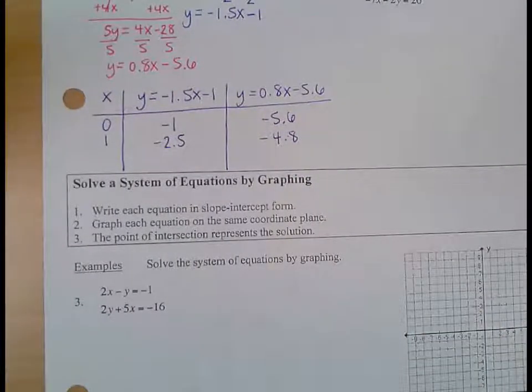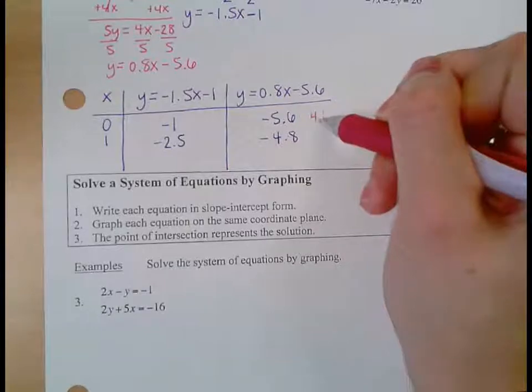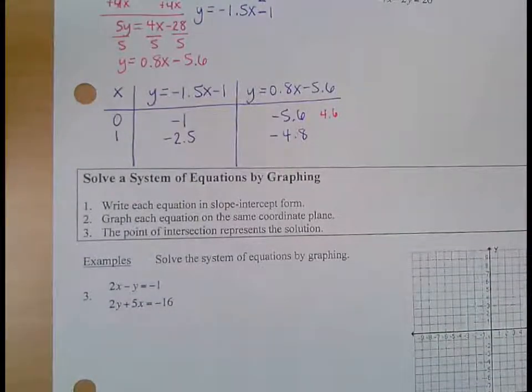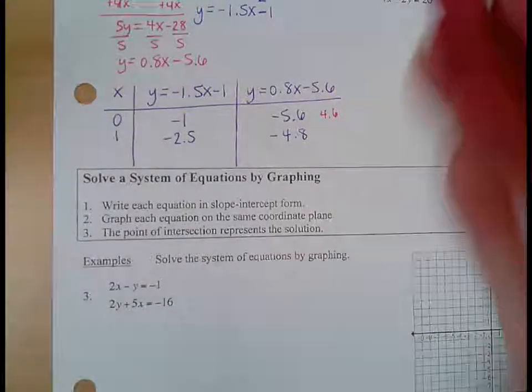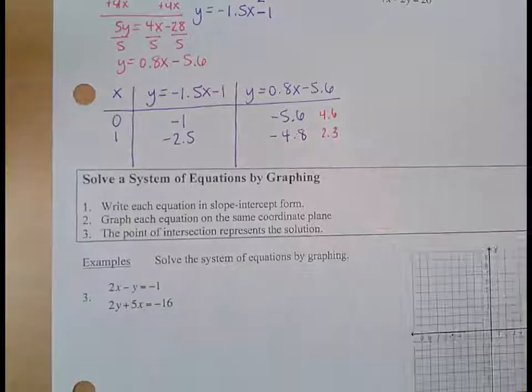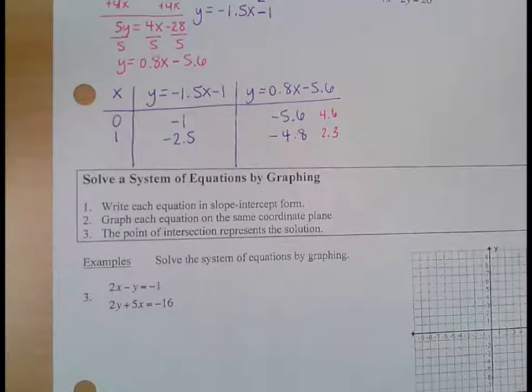So if I took -1 and I subtract -5.6, this is a difference of 4.6. So they're 4.6 units apart versus -2.5 minus -4.8. That's a difference of 2.3. So they are closer together.